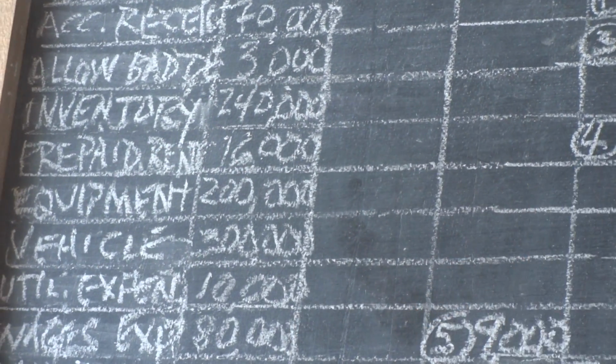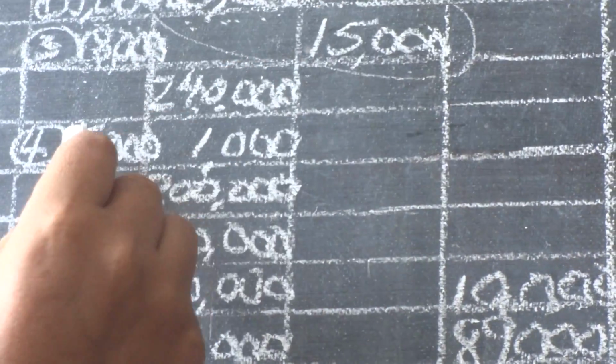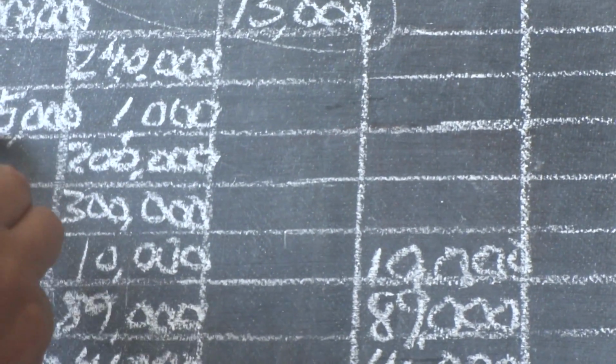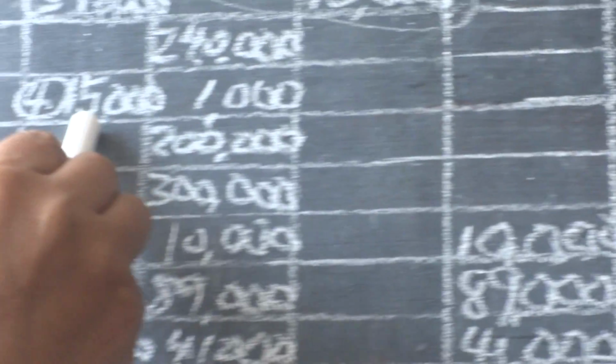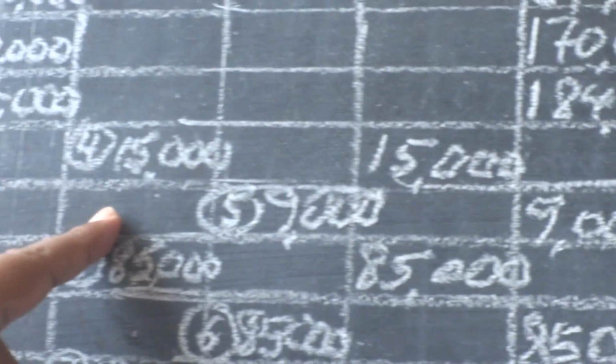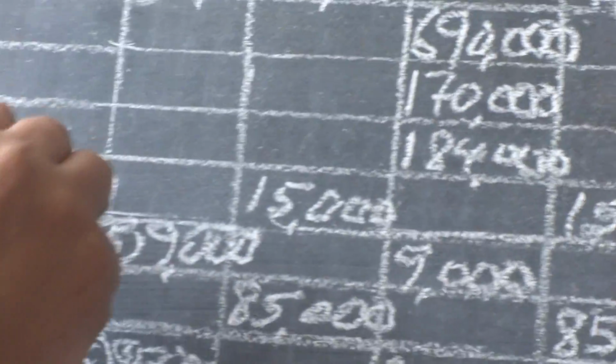Then in the month of January of 2019, the company has to earn $15,000 that goes with this account, rent expense to prepaid rent for $15,000, the number 4.